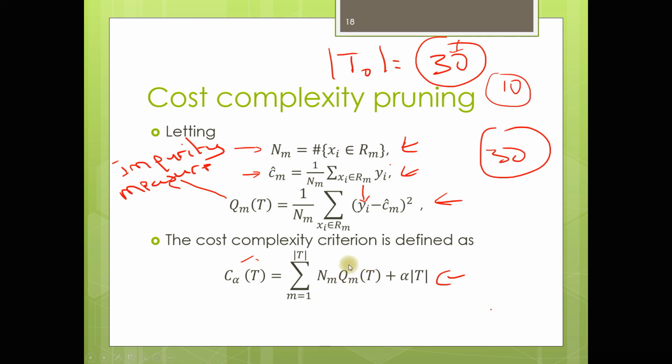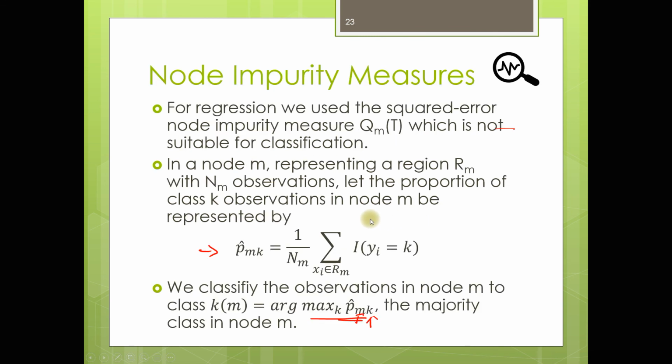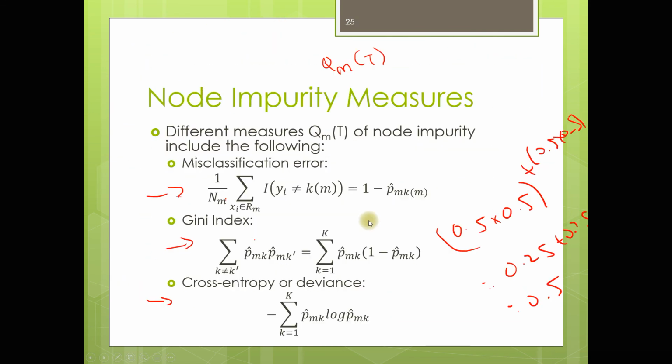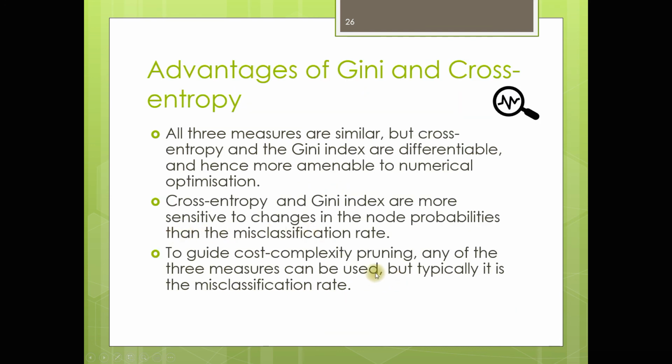That is, the impurity measure was the sum of squared errors. But in the context of classification tree, the quantity that is used here is not this. It's not the sum of squared errors, but it's going to be one of these three measures that I've mentioned here. Okay. In general, what we use is the misclassification rate.